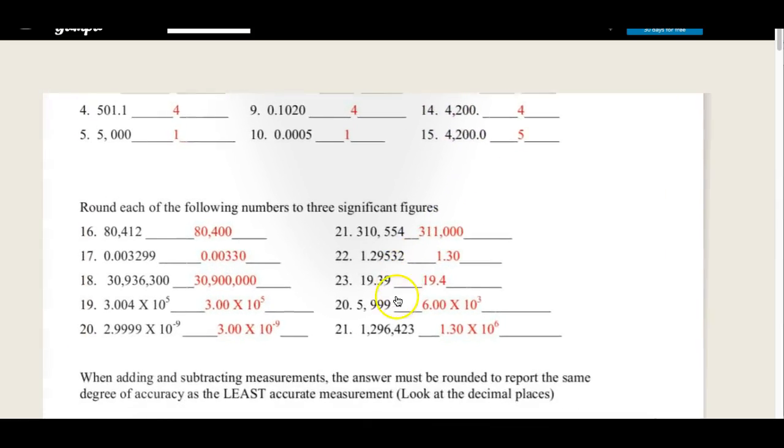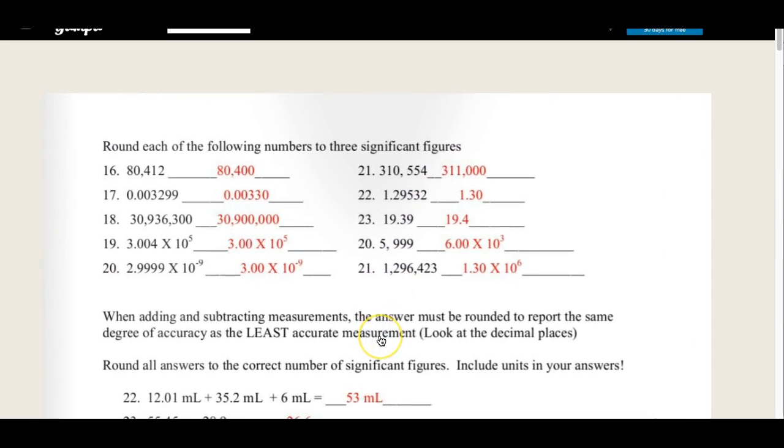Now next one, we have round each of the following to 3 significant figures. So you can see here how rounding is applied. The first one, we just have 804 as our significant figures, and then we replace the 1, 2 with 0, 0. So we've got 3 significant figures there.